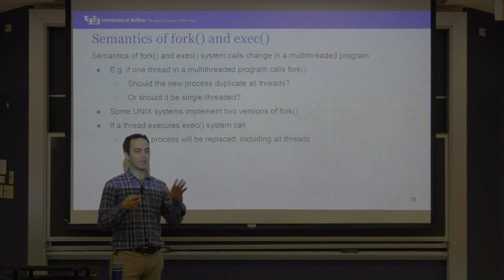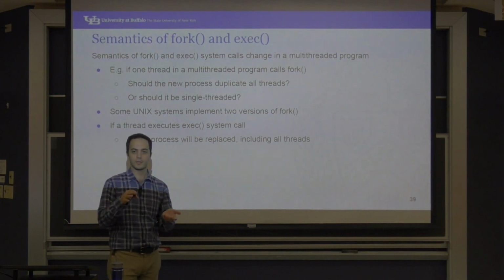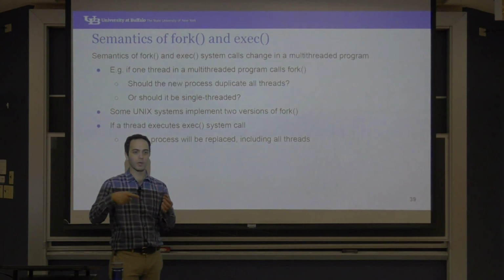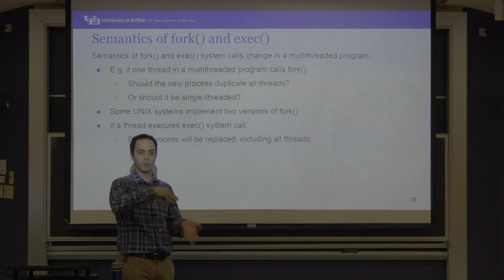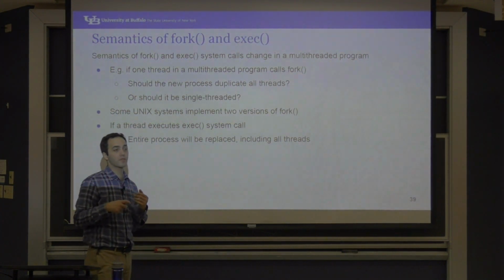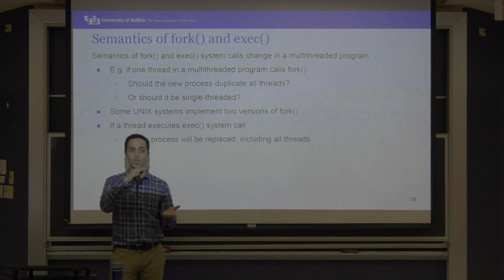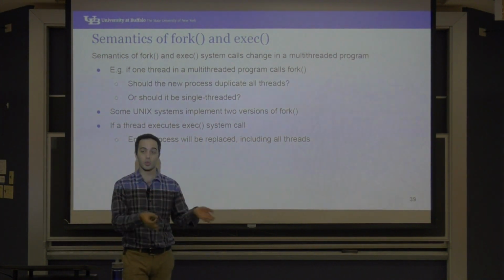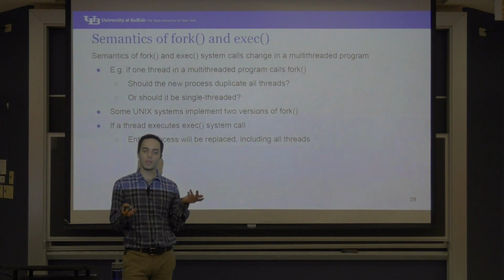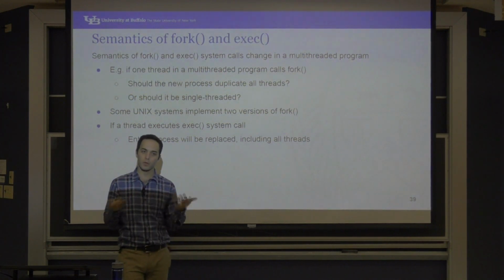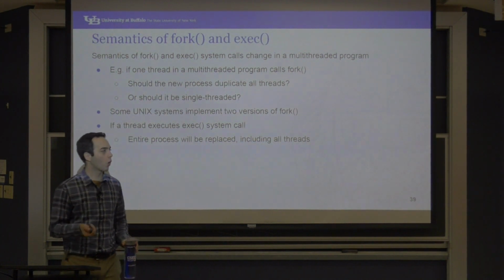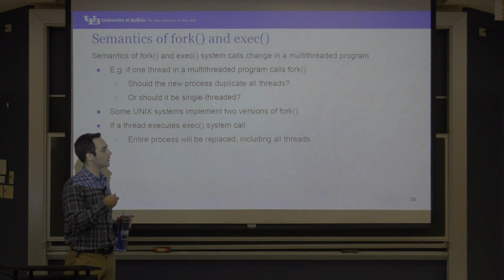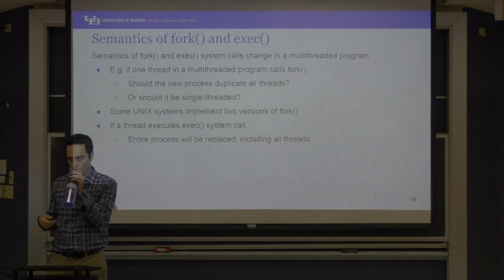It doesn't actually make sense to fork with all the threads, because that single thread that ran the fork will, within the next couple of lines of code, replace the whole process, right? But if for some reason you call fork and the new process wants to just keep running, then it may make sense. Maybe you want other threads to be copied as well to do something else. So Unix gives you both options.